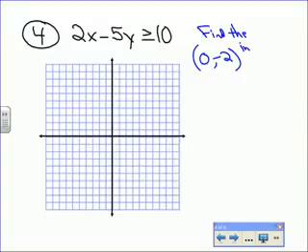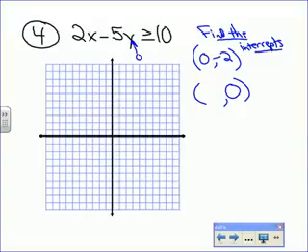I'm just showing you another graphing technique because we're going to use this from time to time. If I put in 0 for y, then it would be 5, right? This is just another graphing technique, if this number is divisible by both of those. So 0, -2 is my y-intercept, and 5, 0 is my x-intercept.